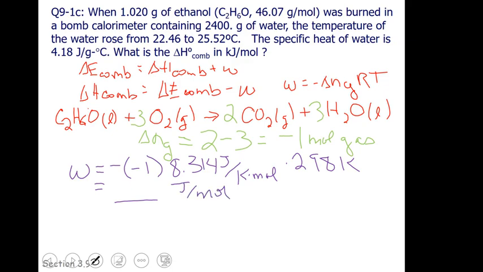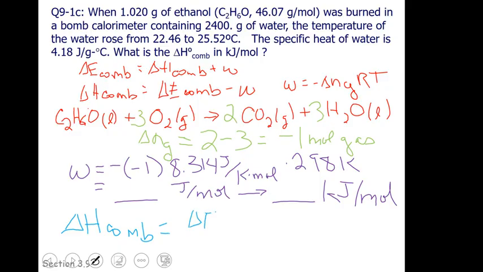And of course, I know you need to convert it to kilojoule per mole of our reaction. Now we can take delta H combustion equal to our value of delta E combustion from an earlier calculation minus the value that you get for work. And substituting in those two values will give you your answer.